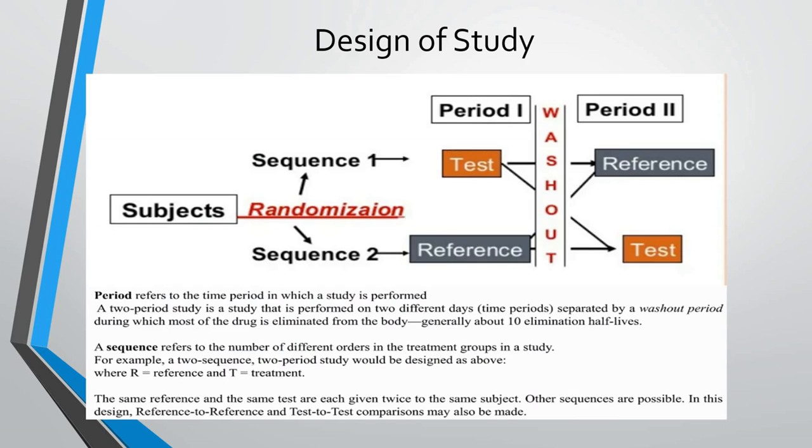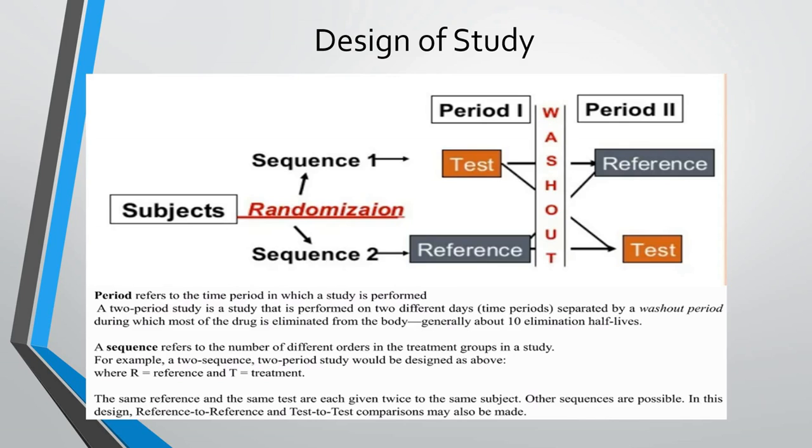So we have designed a study, and we have taken a couple of subjects, and we made two sequences because we are going to randomize them in two different ways of administering the drugs. So sequence 1 is drug A and B, and sequence 2 is drug B and A, like in a crossover.